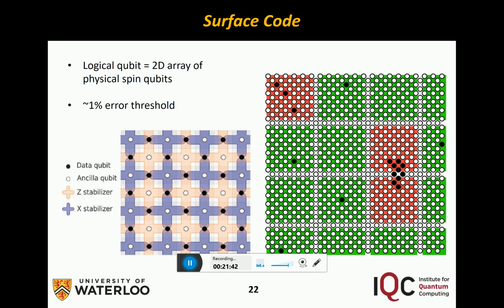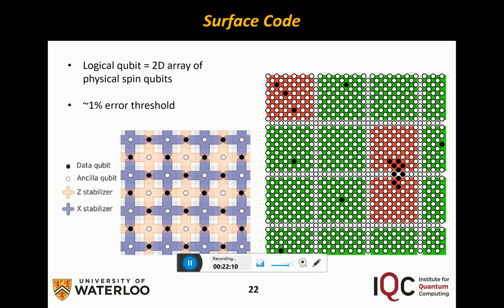Now, once you can implement a 1D array of qubits, then the natural thing to do is to implement a 2D array of physical qubits. The reason for this is that then you could implement a surface code error correction scheme where the logical qubit is actually a 2D array of physical spin qubits. This is what I'm showing on the left figure.